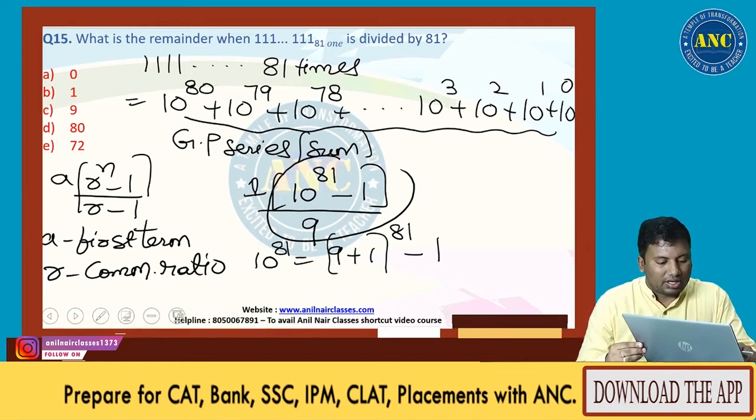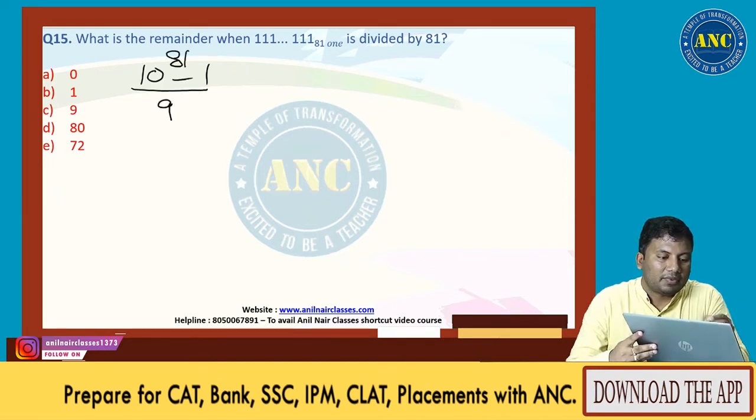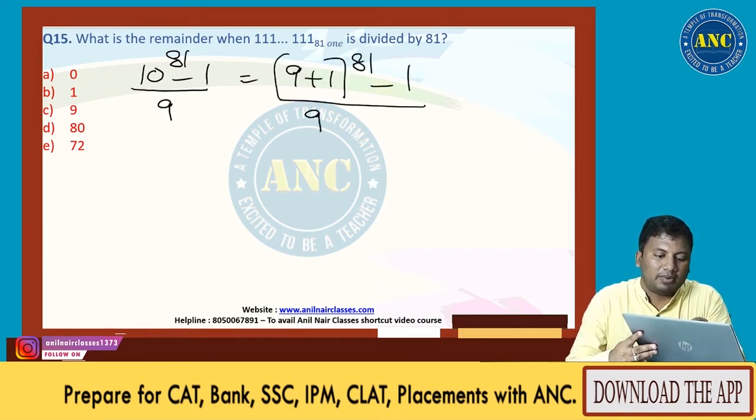Right, now see here. 10 power 81 minus 1 divided by 9. 10 power 81 is 9 plus 1 power 81, minus 1, divided by 9.